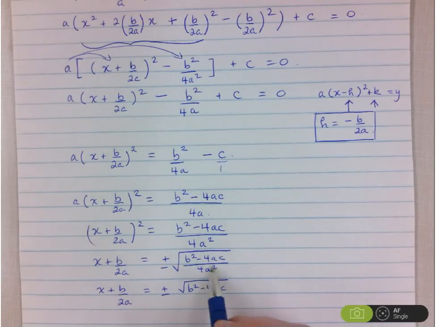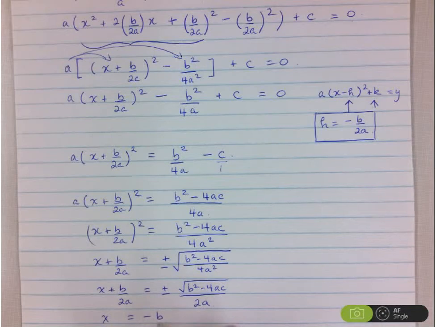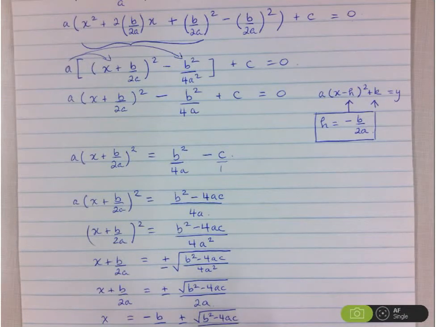And the square root of 4a squared, well, what two values multiplied to 4a squared? That would just be 2a. So I can remove that from the square root altogether. And then finally we get to our last step. We can bring this b over 2a to the other side, and of course it's an addition, so bring it to the other side. It'll become a negative b over 2a plus or minus square root of b squared minus 4ac all over 2a.